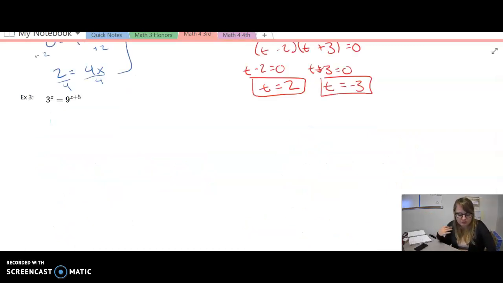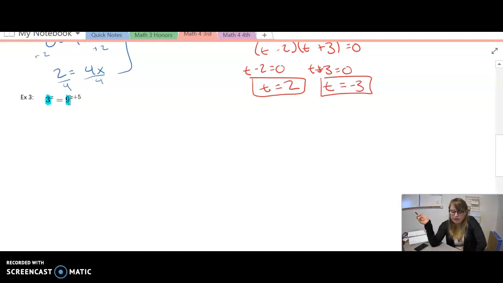So this is a little different. We have 3 to the z equals 9 to the z plus 5. Well, if you look here, our bases are not the same, but they are in a way. We have 3 to the z and then 9 to the z plus 5.